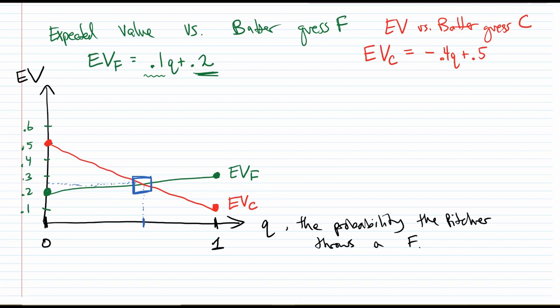You don't need to graph these every time, but I find that the visualization helps me understand what's going on a little bit better. I'm solving for the intersection point of these lines, which means I want to set them equal to each other. EVF equals EVC. And now I'll just substitute their formulas and I'll solve.